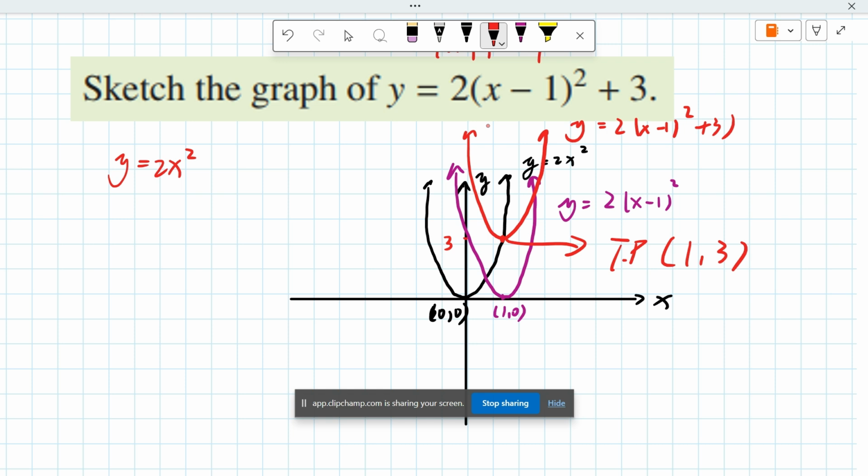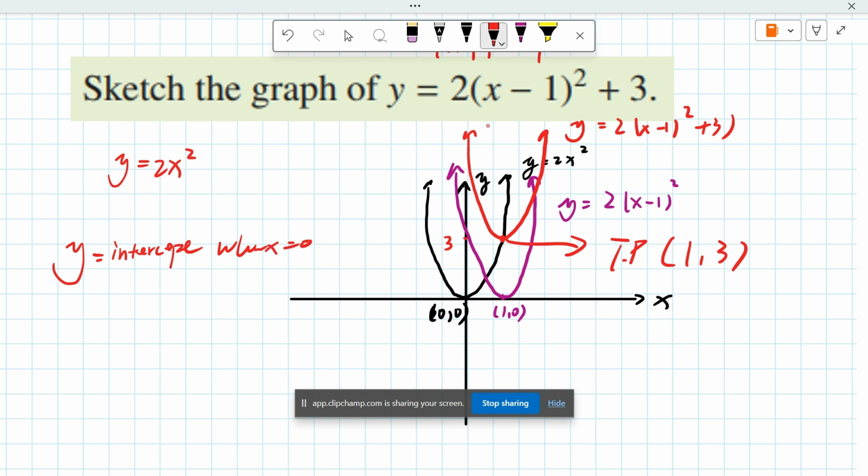And we need to find your y-intercept. You can clearly see it's not crossing the x-axis, so we don't have any x-intercept. Now the y-intercept is when x equal to 0.